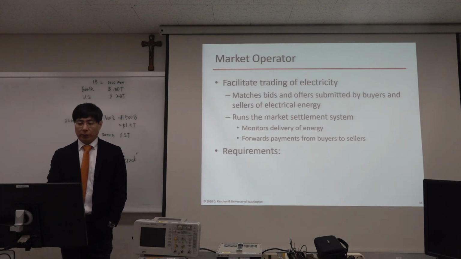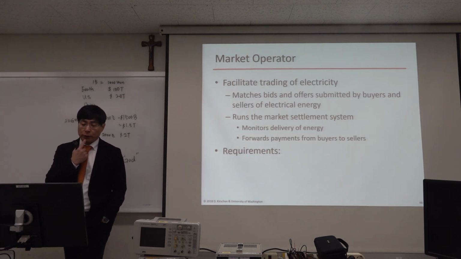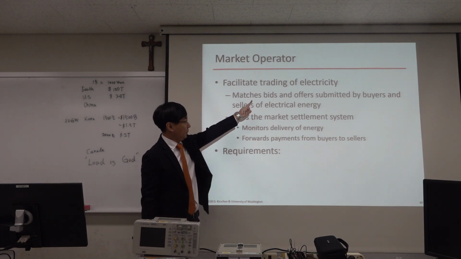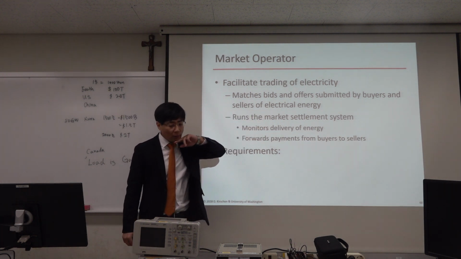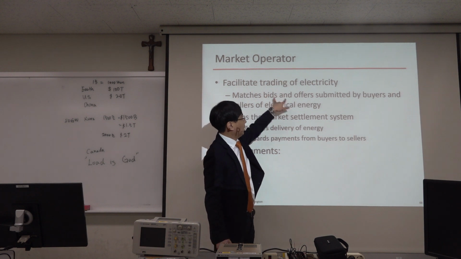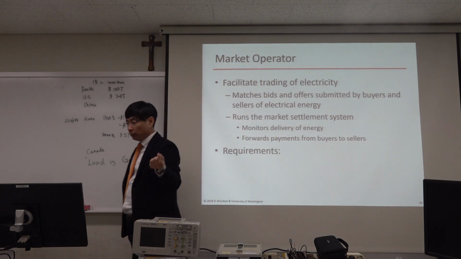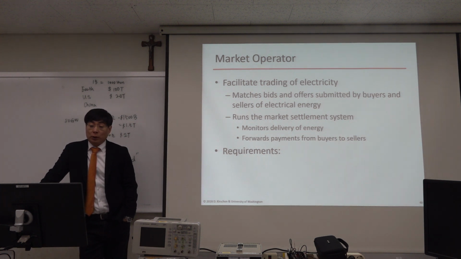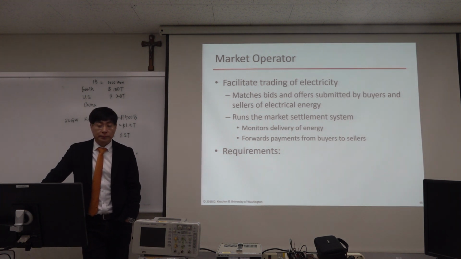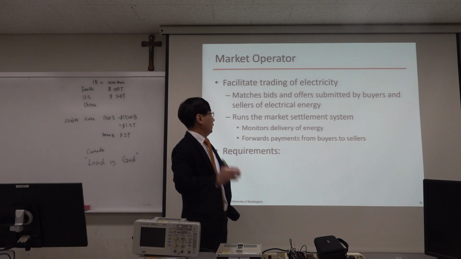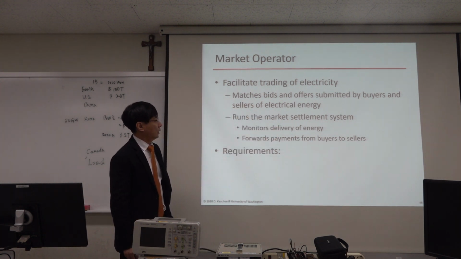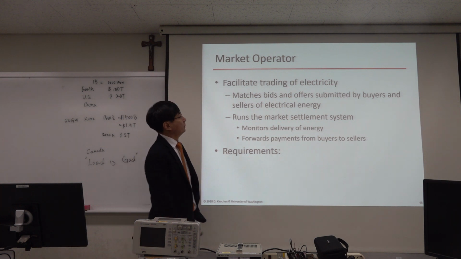And market operators facilitate trading of electricity and match bids and offers. So here the keywords are bids and offers. These two keywords we'll use in chapter 2. Anyway, you know the meaning. They match bids and offers submitted by the buyers and sellers of electrical energy.